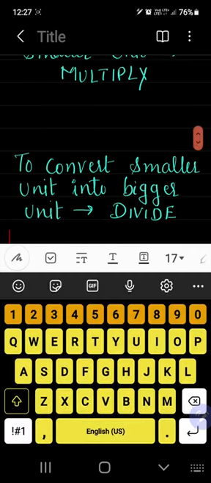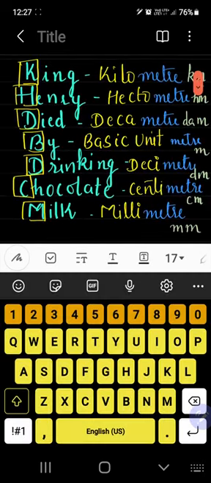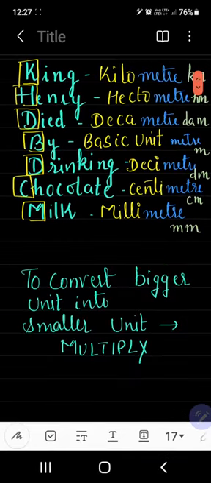For example, let's come back to the trick. If you are converting kilometer into hectometer, hectometer into decameter, means when you are moving from a bigger unit to a smaller unit, here kilometer is the bigger unit and millimeter is the smaller unit. So when you are converting any bigger unit into a smaller unit, you multiply.